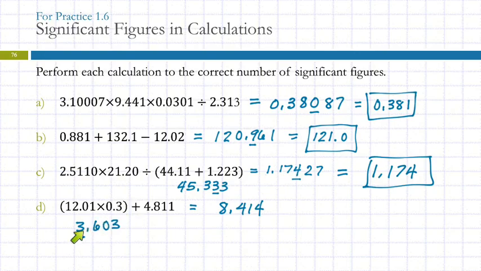So I've got adding, I look at decimal places. This one ends in the ones place. It has 0 significant decimal places. This one had 3. So this one ends in the ones place. The answer is 8.